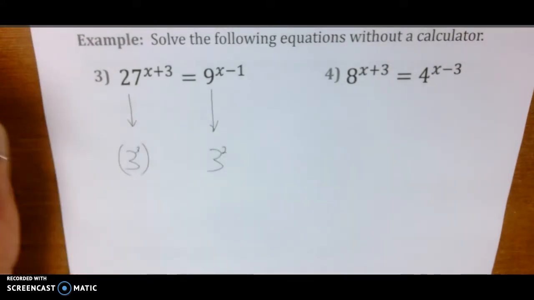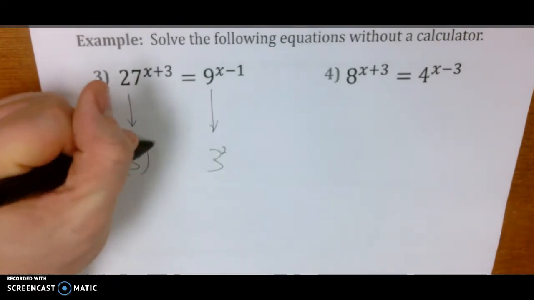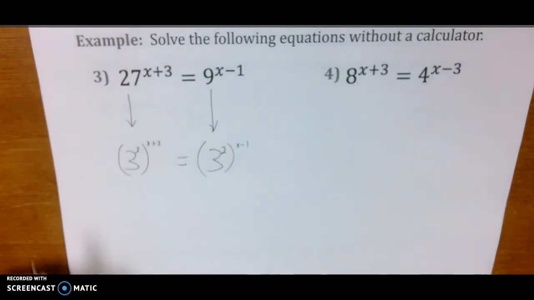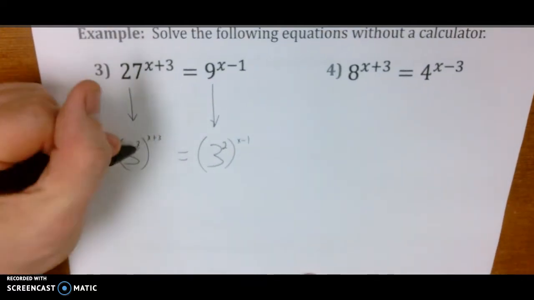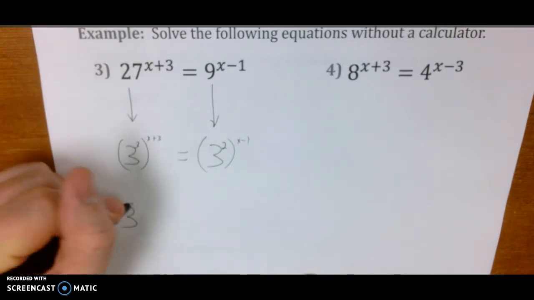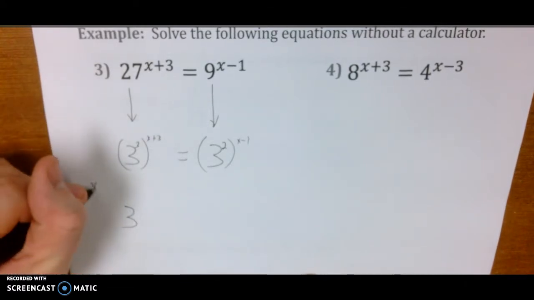But on the outside here, I still have that x plus 3, and over here I still have that x minus 1. So if I were to truly write this, we'd have to, using exponent properties, multiply these together. I'd have 3 to the power of 3 times x plus 3.